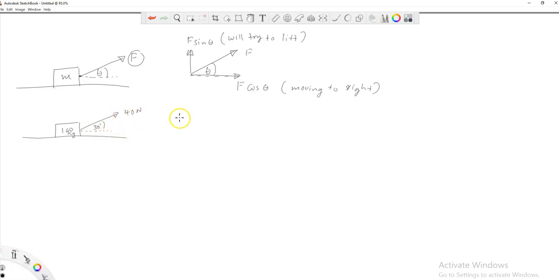So 40 newtons. I'm going to divide this 40 newtons into components. Here's the angle 30. So we have 40 cosine 30. Let's see what that is. 34.64.